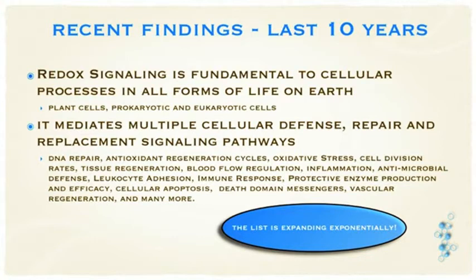Some of those are listed here, from cell division rates to tissue regeneration to vascular regeneration, inflammation, antimicrobial defenses, leukocyte adhesion. All of these involve redox signaling biochemistry. This list is growing and expanding exponentially. And today there are well over 100 original scientific articles from scientific studies that are published newly every single month. It's an incredibly fast-growing field of science.